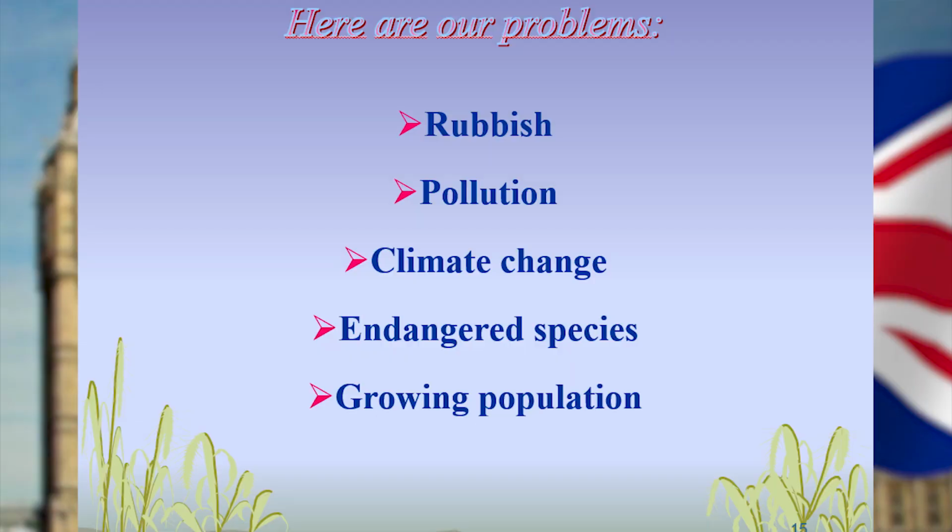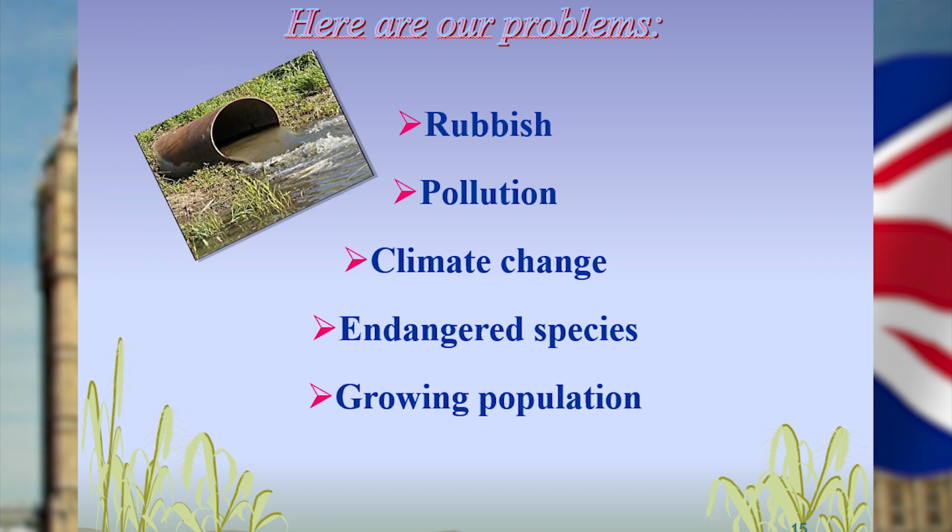Let's go on. Now let's have a look at some words. Here are our problems: rubbish, pollution, climate change, endangered species or animals and plants, and growing population. I'd like you to watch some pictures and match them with these words. The first picture is this one. What do you think? What is it? Yes, it is pollution.